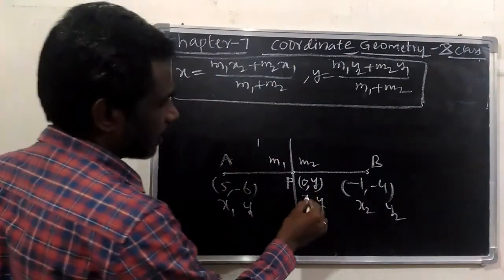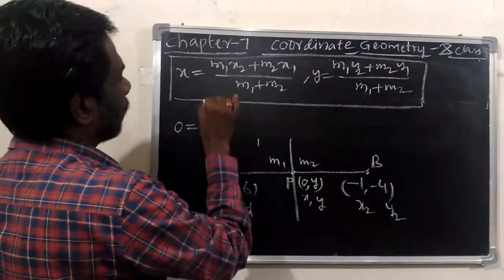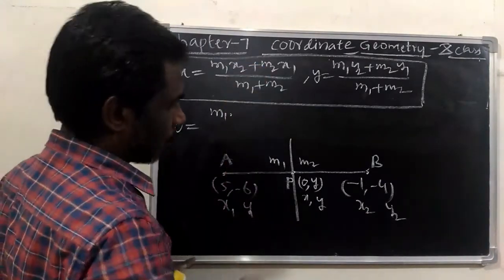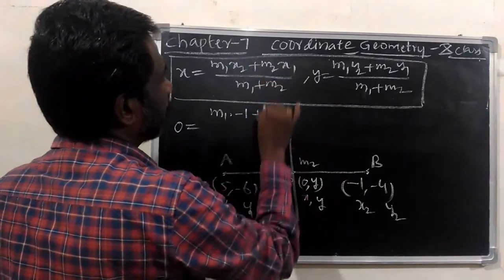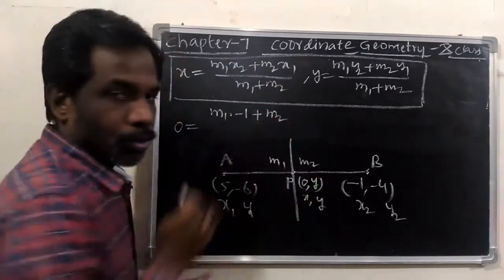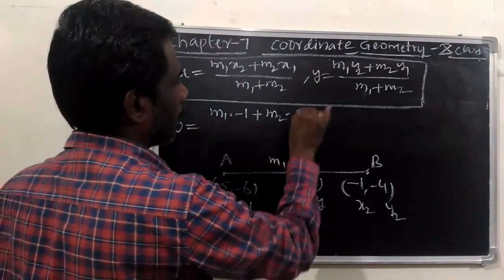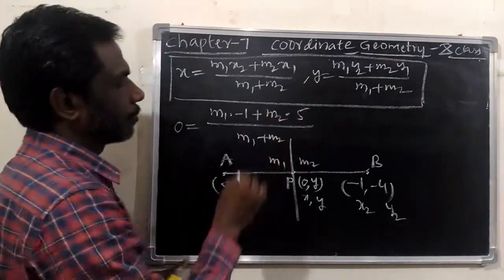Now in this formula I am going to substitute these values. So x is 0, equals m1 into x2, which is -1, plus m2 into x1, which is 5, by m1 plus m2.